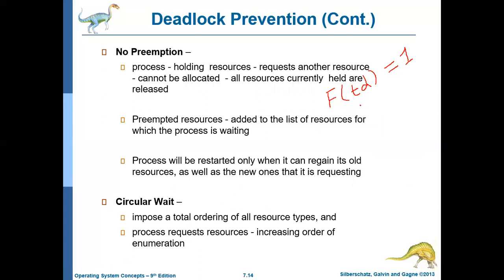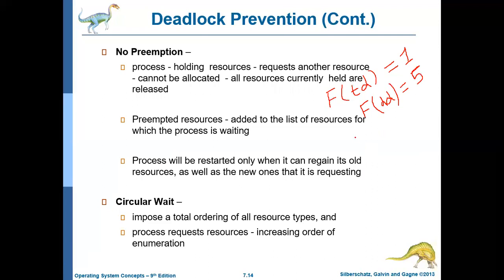We are discussing how to avoid circular wait. So this is the algorithm or the logic. Say we have f of disk drive, f of dd, where td represents tape drive and dd represents disk drive. Say f of dd is equal to 5. It means currently my system has 5 disk drives.